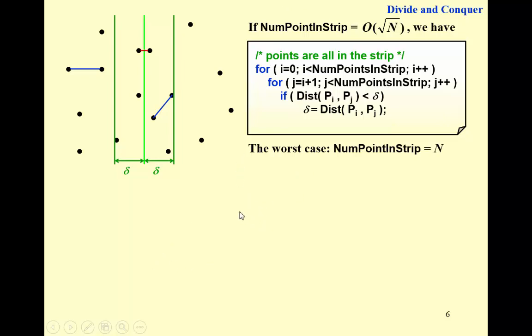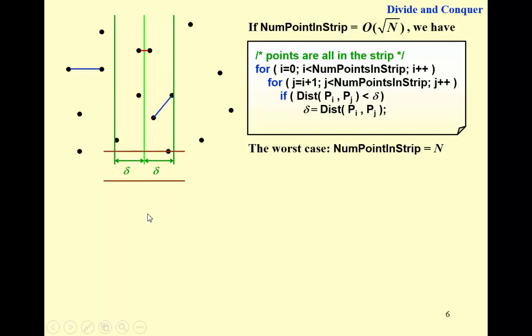So what else can we do? Well, besides having this vertical delta strip, let's also consider the horizontal one. Let's add a horizontal delta strip. So it's a delta square. Let's only consider the points sitting in these two delta squares, and we check the points from top down, one by one.